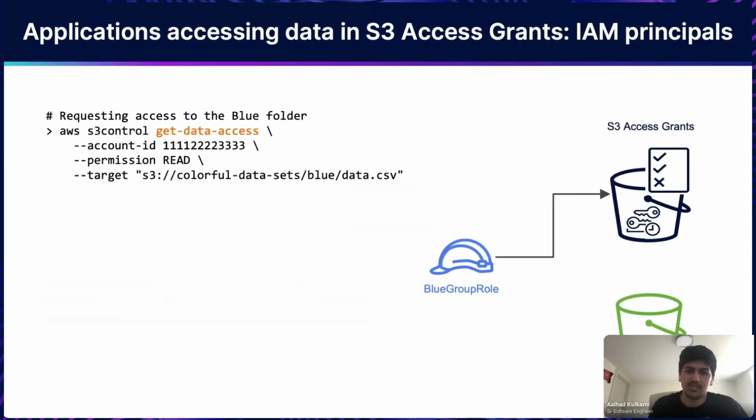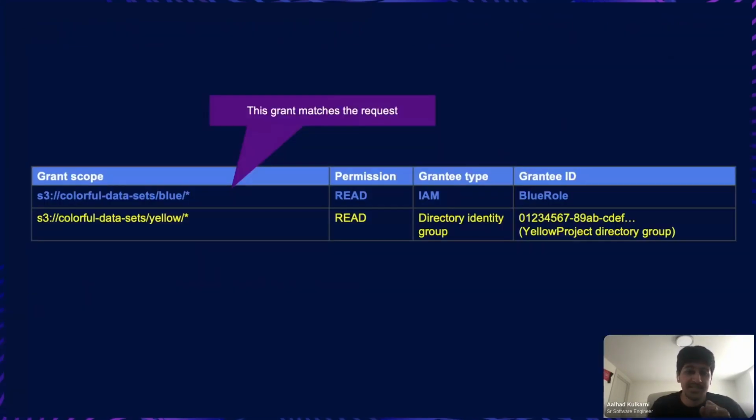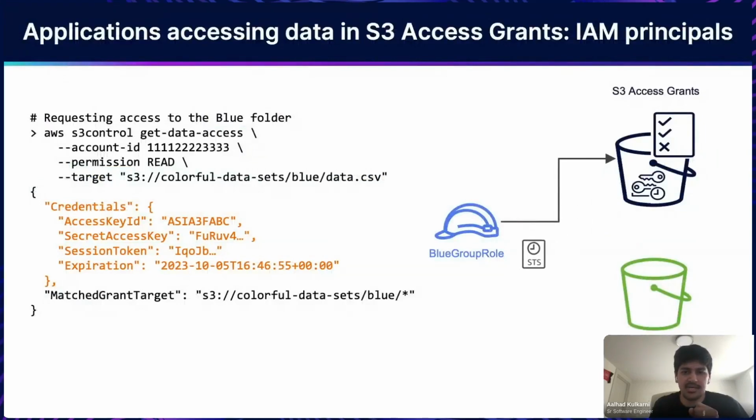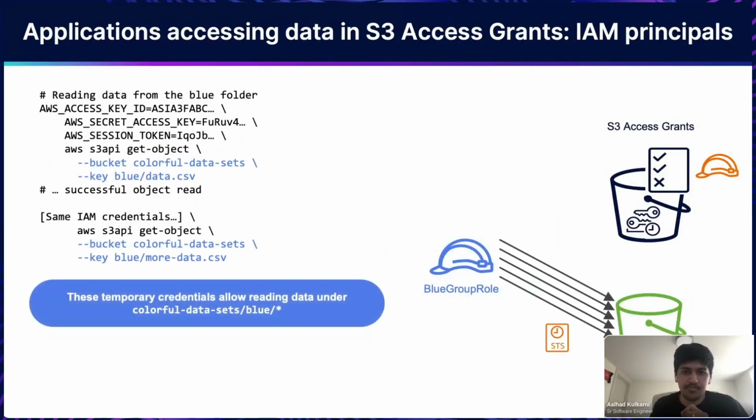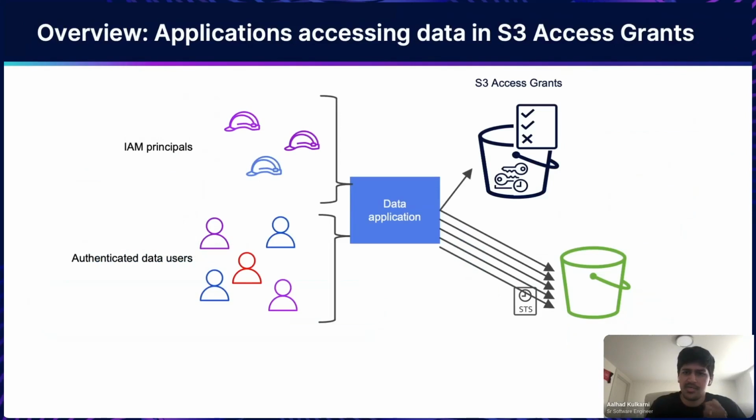I want permissions for this blue/data.csv. I want read permissions. Access Grants will match your request and give you temporary credentials. You'll also get temporary credentials for all of the data under the blue prefix because you had access to that. And then you can use those permissions to talk to your S3 bucket. Pretty straightforward.